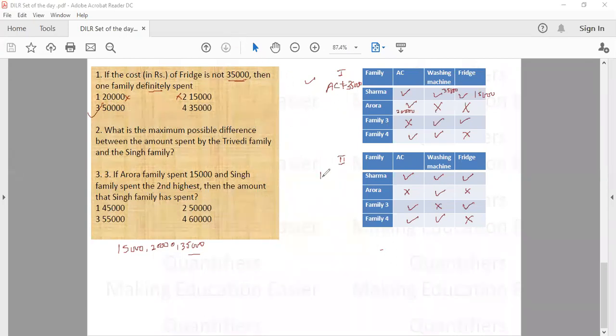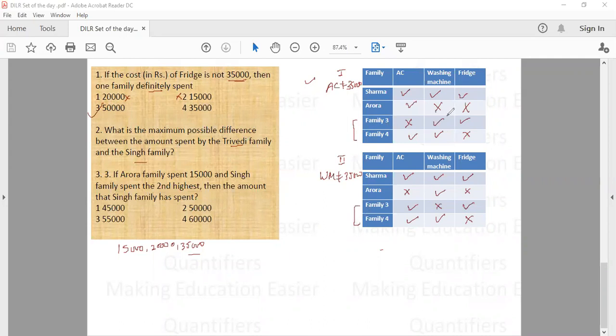In this case, washing machine was not of 30,000. Second says, what is the maximum possible difference between the amount spent by Trivedi and Singh family? Now, obviously, Trivedi and Singh families are those families which are family 3 and 4 in any order, in both the cases, right?